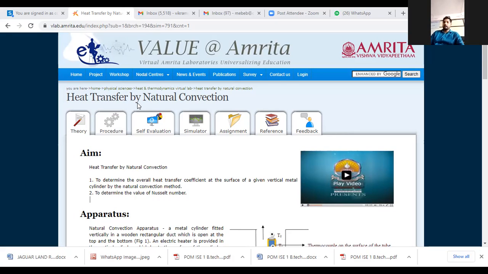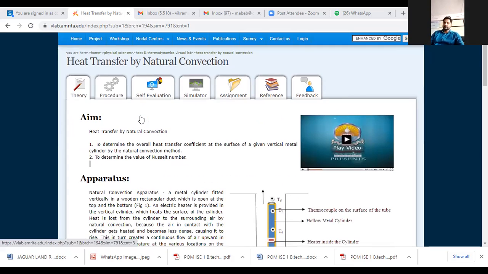Today, our aim is to understand how to determine the natural convection heat transfer rate by using the virtual labs, or how to understand the natural convection concept.